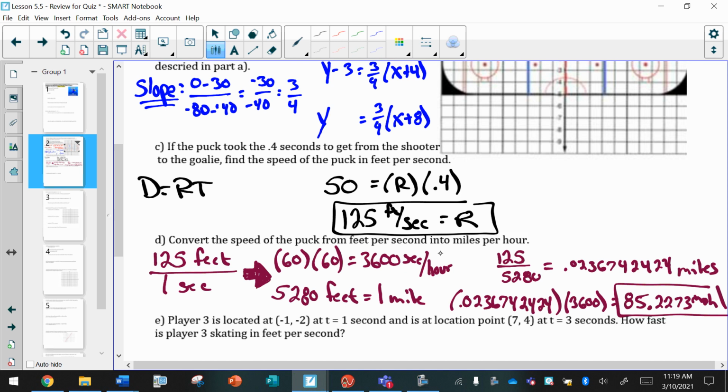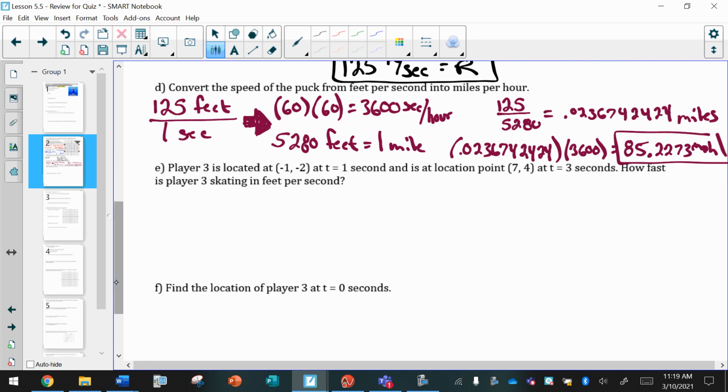All right. Part E, player 3 is located at (-1, -2) at 1 second, and then is at (7, 4) at 3 seconds. How fast is player 3 skating in feet per second?